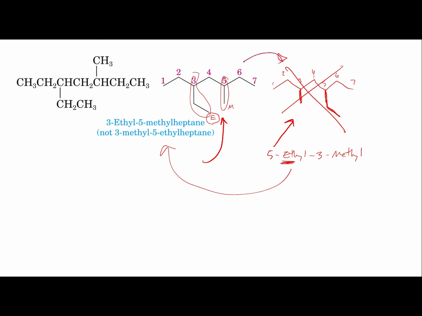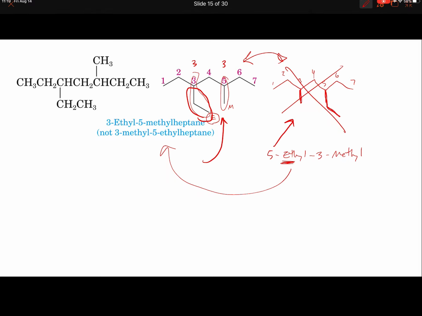These are the same structure. We can name them different ways depending on which side we start numbering. We're not going over the rule that says when you encounter the number 3 for both of these groups, which one actually gets it. If we were doing that, we would probably give it to the bigger group. But we're not going to worry about those kinds of things here.